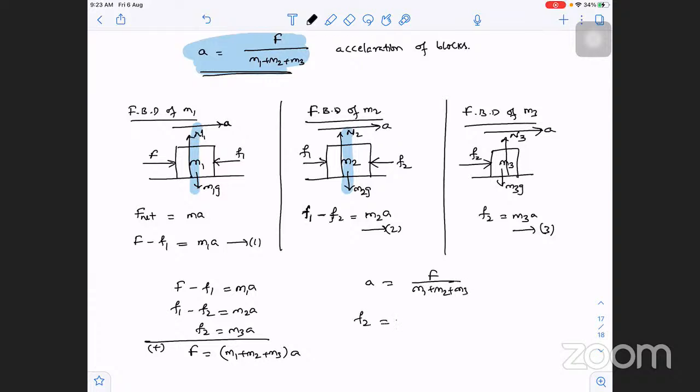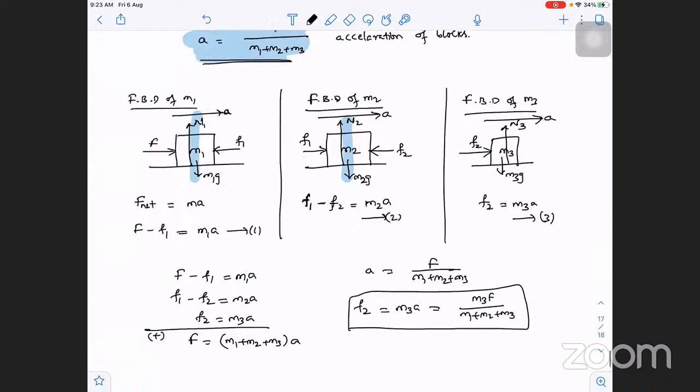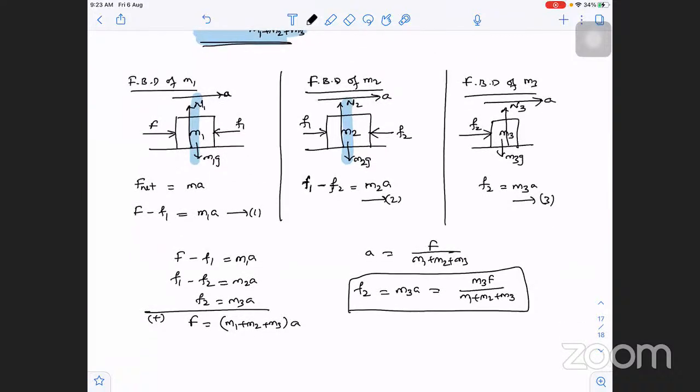Then we can find the F2 value. F2 is equal to M3 into A, so M3 into F by M1 plus M2 plus M3. This is the F2 value. Once you know the F2 value, you can find the F1 value. F1 minus F2 is equal to M2A, then F1 is equal to F2 plus M2A.